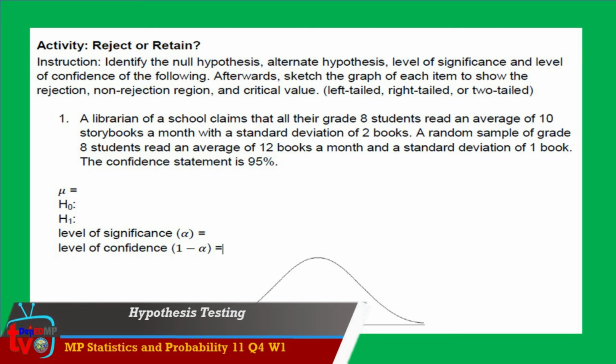A librarian of a school claims that all their grade 8 students read an average of 10 storybooks a month with a standard deviation of 2 books. A random sample of grade 8 students read an average of 12 books a month and a standard deviation of 1 book. The confidence statement is 95%.